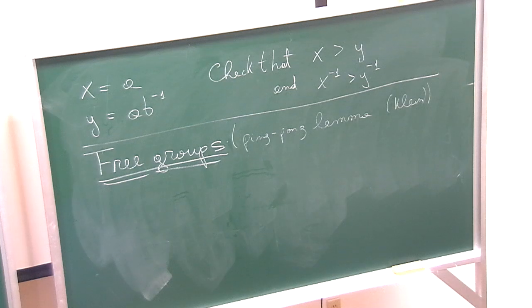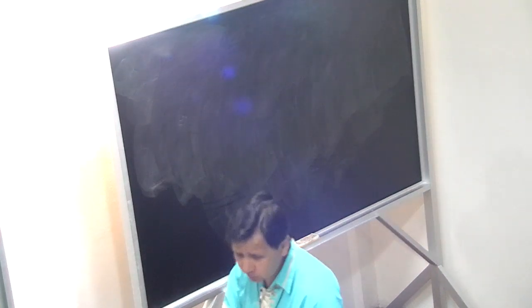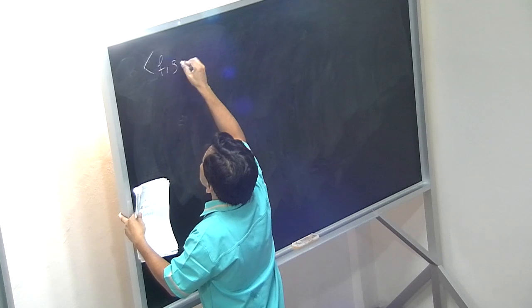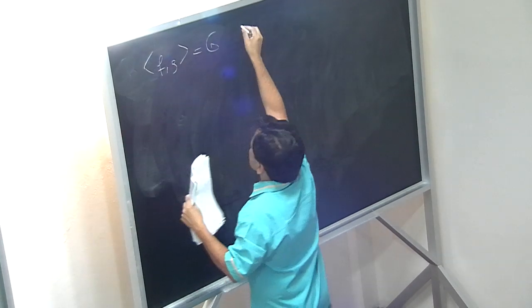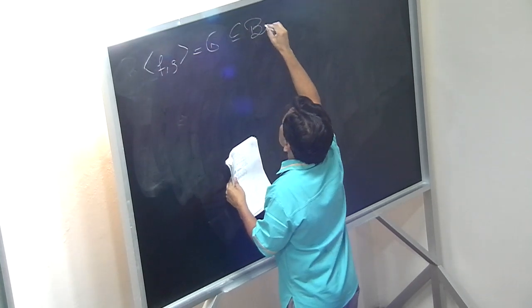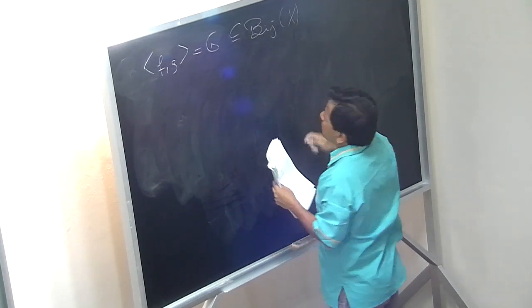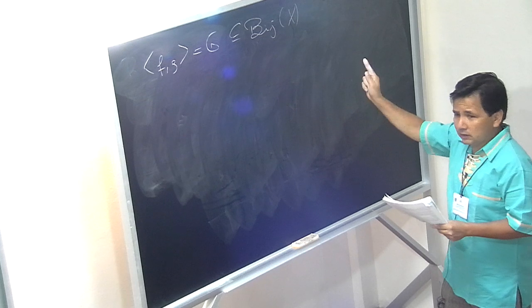So the ping-pong lemma is a very general statement that says the following. If you have two elements, two bijections, say f and g, there is no hypothesis on the space X, so there is no continuity, nothing here.